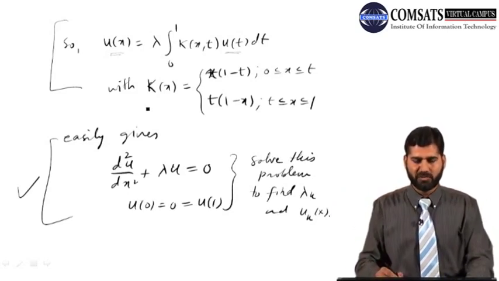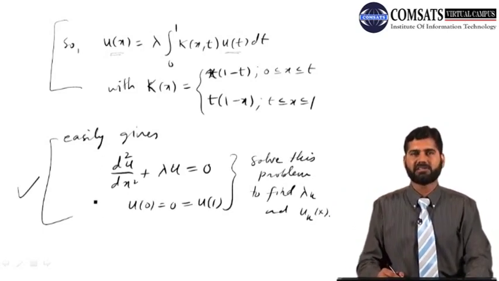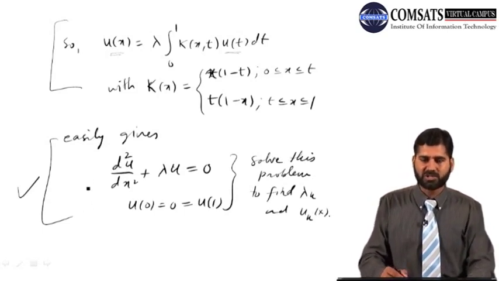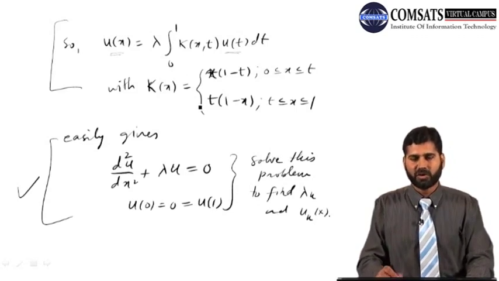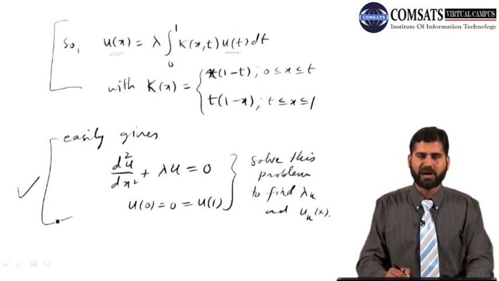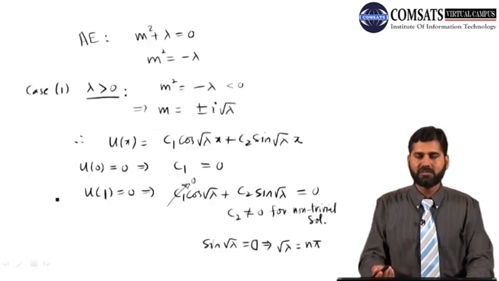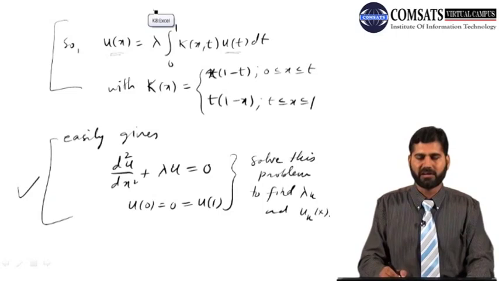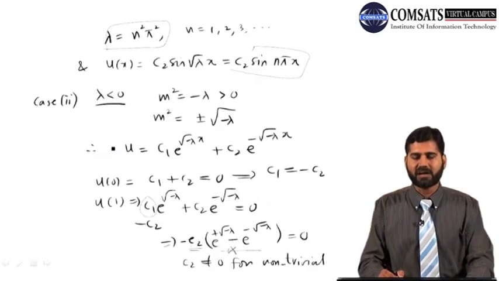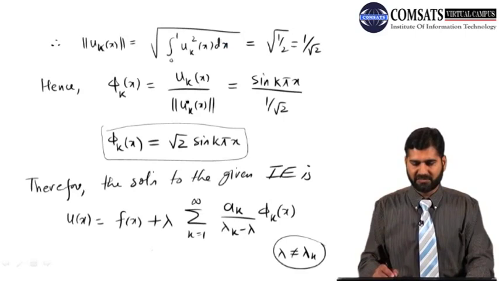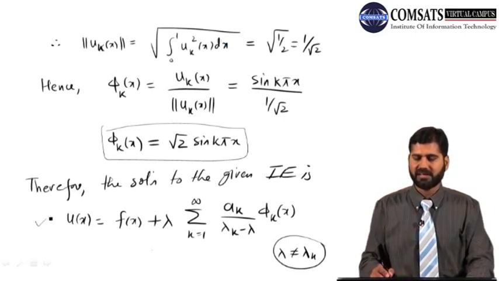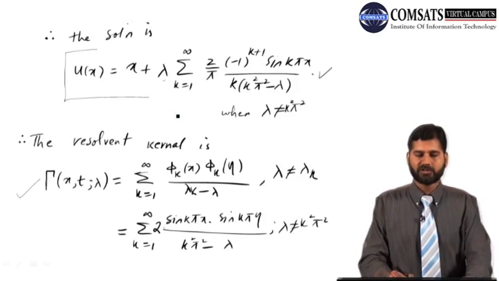You will see that we considered this initial value problem and integrated it twice to get this exact Fredholm integral equation with this kernel. So instead of solving this, we solved this one to find eigenvalues and eigenfunctions. We needed to find eigenvalues and eigenfunctions no matter what procedure you are using. Once we got them, our solution is right there, with the resolvent kernel. So the second example was, let's see one more example.